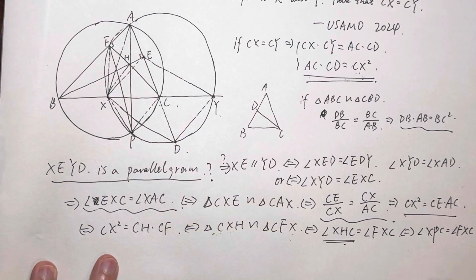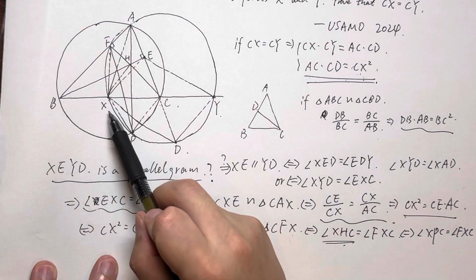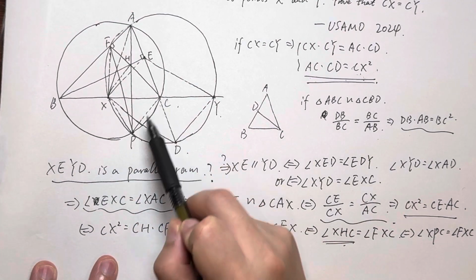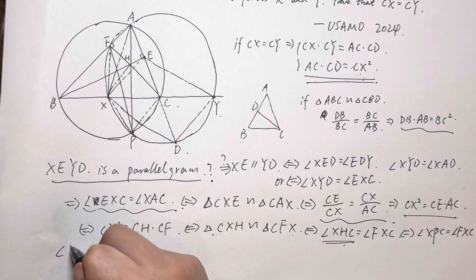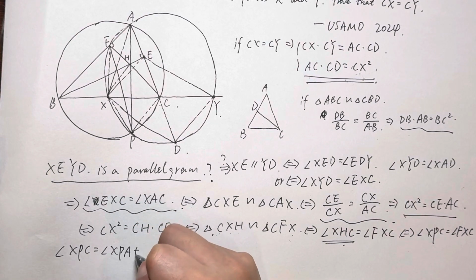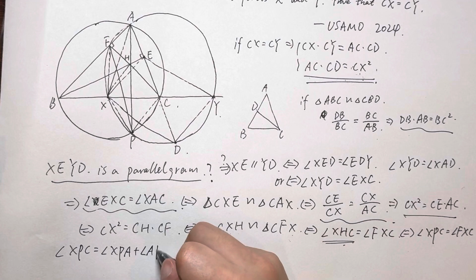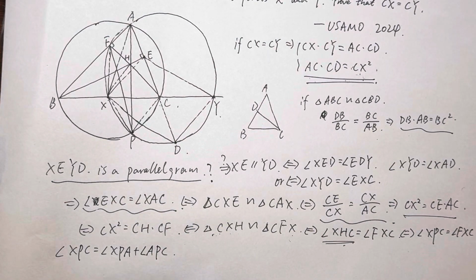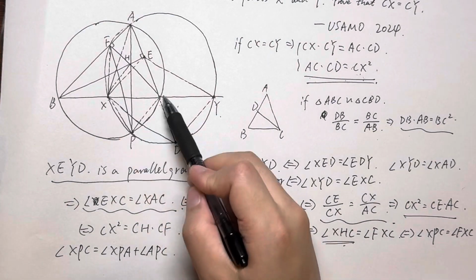Because angle XHC equals angle XPC, which means we just need to prove angle XPC equals angle FXC, right? And look at the angle XPC. Angle XPC equals angle XPA plus angle APC. Right, that is angle XPC.